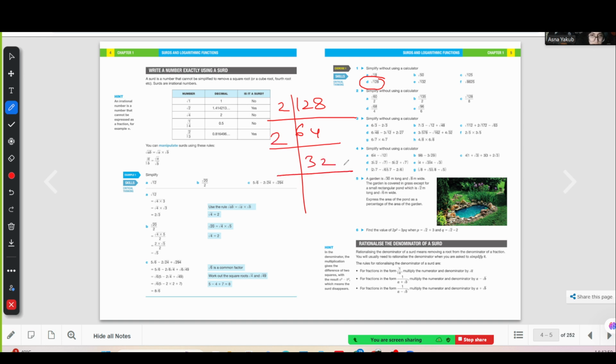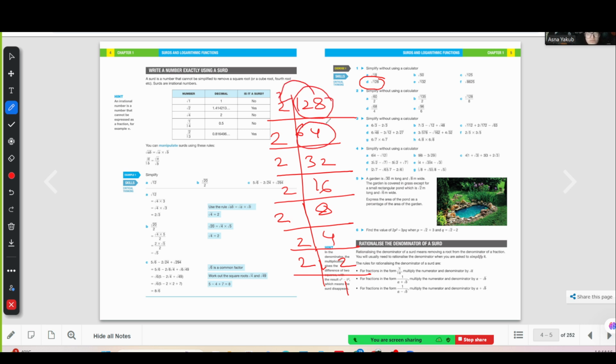Again, 16. Again we can divide it by 2, even numbers. 8, then 4, and then 2. We have to keep doing until we get 1 here. So 2 divided by 2 is 1. So we are dividing this number with this number and writing our answer here.